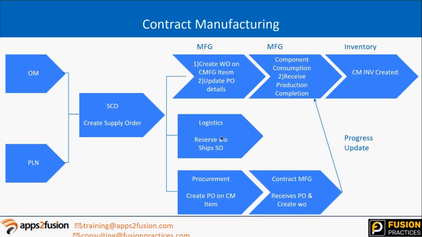Yeah, okay, that's fine. Actually, quick question. So contract manufacturing is where you give your material to the supplier and give him a purchase order to run a work order. Yeah, he buys the material from you, so he receives it against a PO.